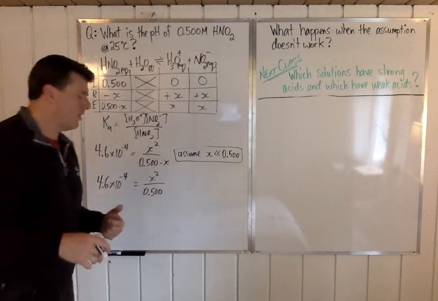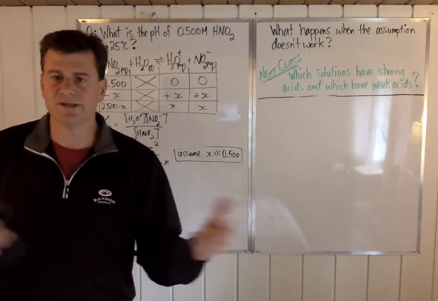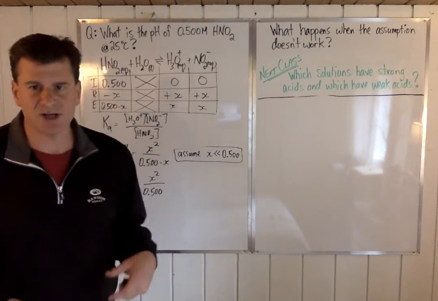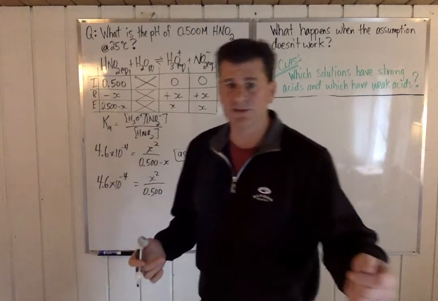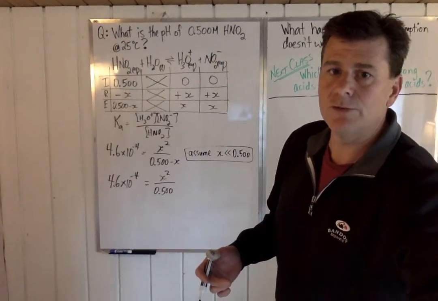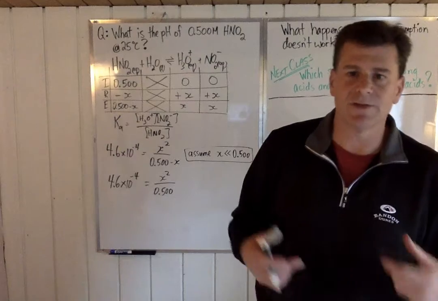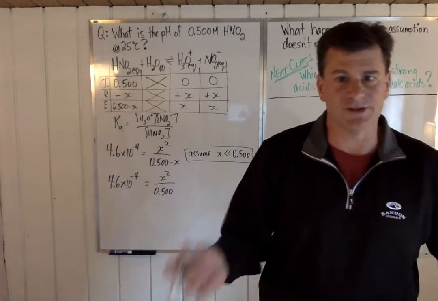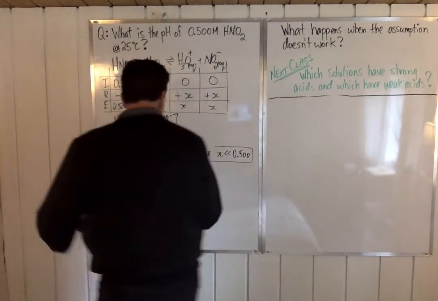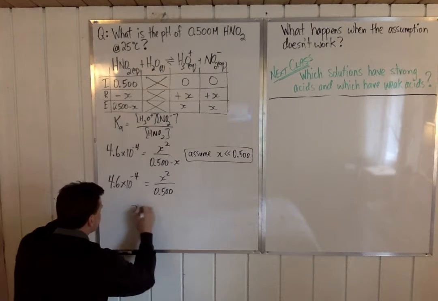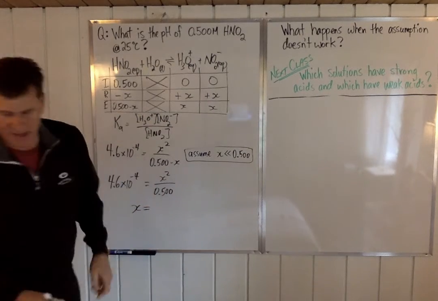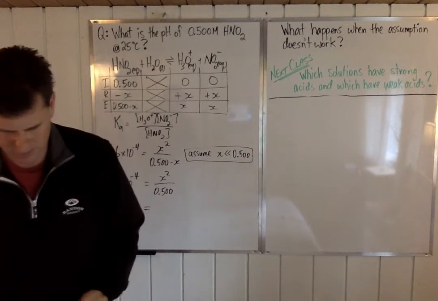So then what I've got is I now have simple math. So at this point, because you're allowed to, we assume you know how to do algebra. So at this point you could just write x equals and just do the math.